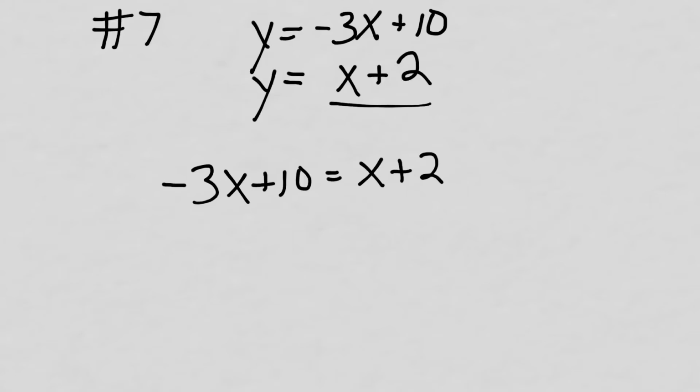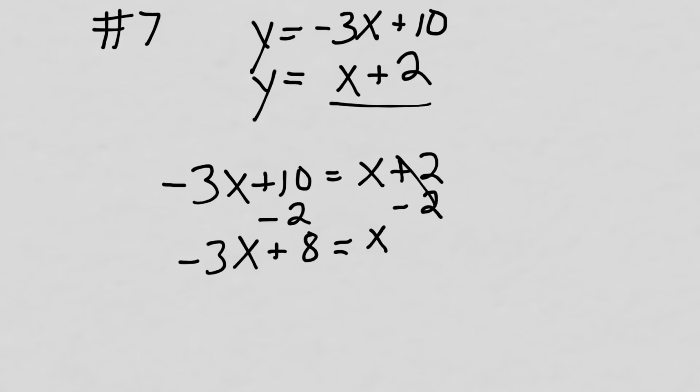I am going to subtract 2 from both sides. I'm going to try to go one way with the variables and one way with the numbers. This leaves me with just x on the right, and on the left I've got minus 3x plus 8.